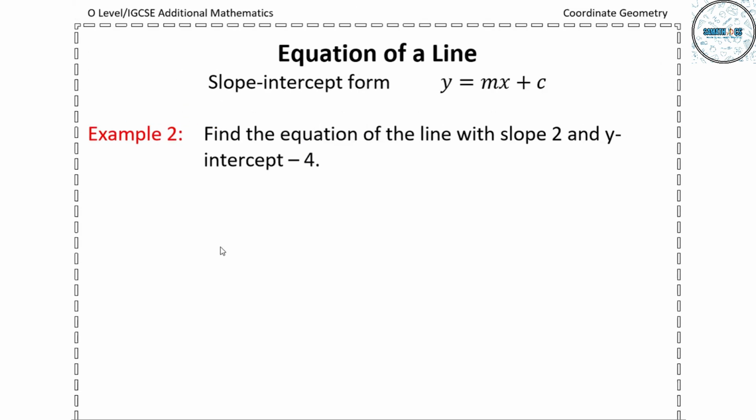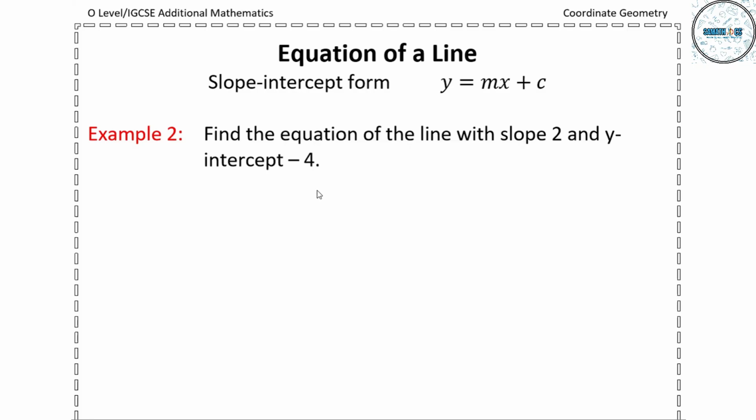There are three major forms of the equation of a straight line you should know. One of them is the slope-intercept form, which is y = mx + c. For example, if we have to find the equation of the line with slope 2 and y-intercept -4, we can easily form the equation.